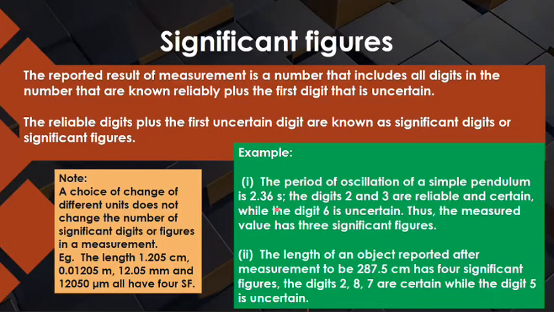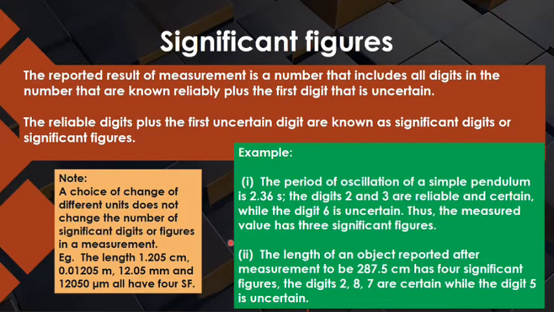But your measured value has 3 significant figures. Similarly, if the length of an object comes out to be 287.5 centimeter, it has 4 significant figures. Of course, 287 is certain or reliable, and 5 is uncertain.